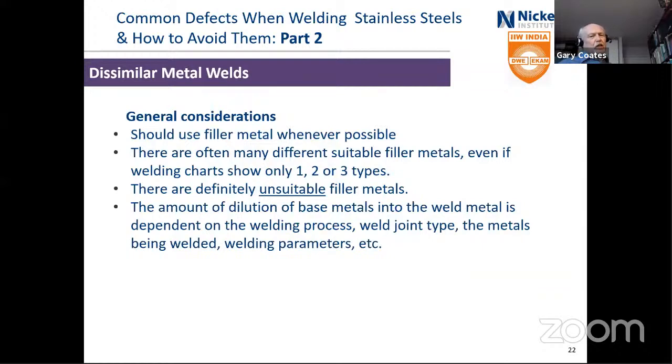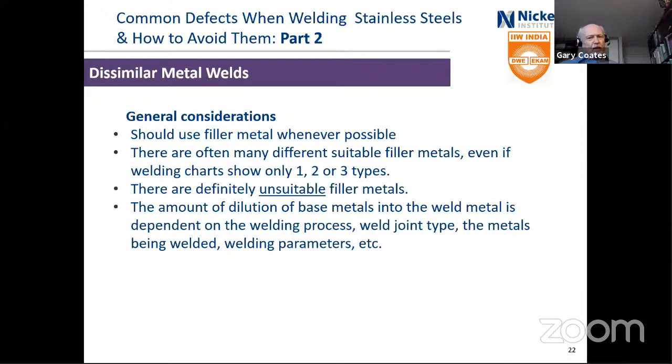So a few general rules. First, should use filler metal whenever possible, whenever you do a dissimilar metal weld. Obviously, if you're welding material that's only 0.5 millimeter thick, that's not possible, but in most cases, you do want to use a filler metal.